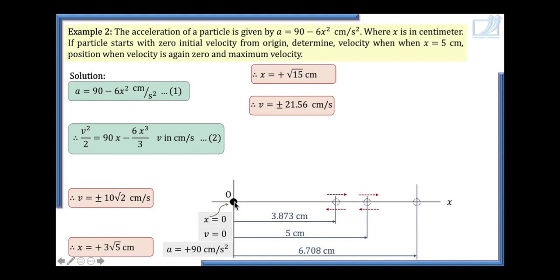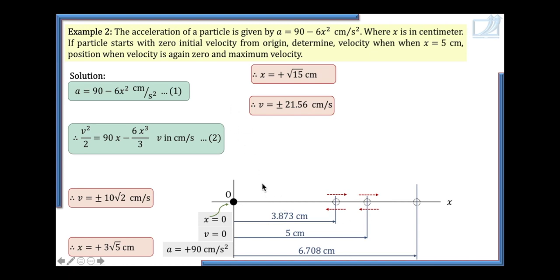Here velocity is 0 at origin, so when the particle returns here, it changes its direction of motion. That means the particle does not move on the left side of origin, and therefore negative x coordinate is impossible. The particle does not cross the origin on the left side. For that purpose, what you should know: when velocity is 0, the particle changes its direction of motion.